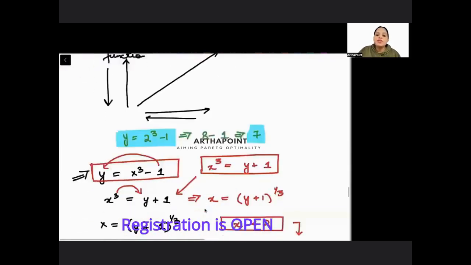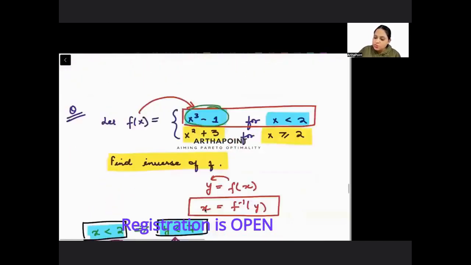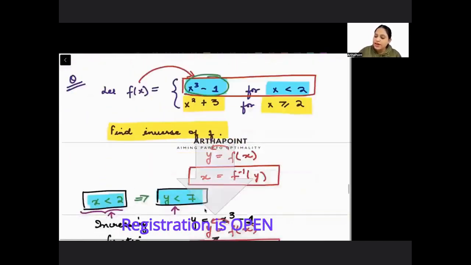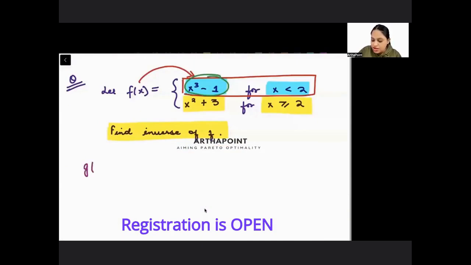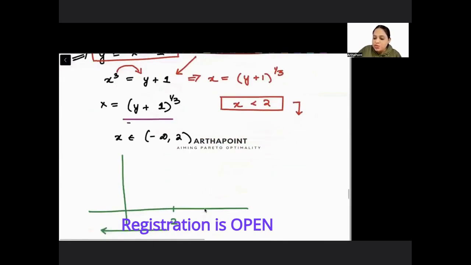So basically what has happened is, if I have to write the inverse g(x), the inverse for the first part x cube minus 1 has come as y plus 1 to the power 1 by 3. And we always write inverse as a function of x only. हम x के terms में लिखते हैं.